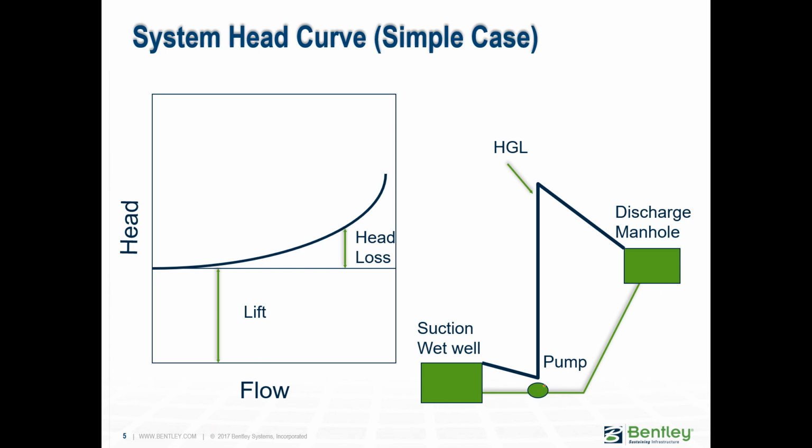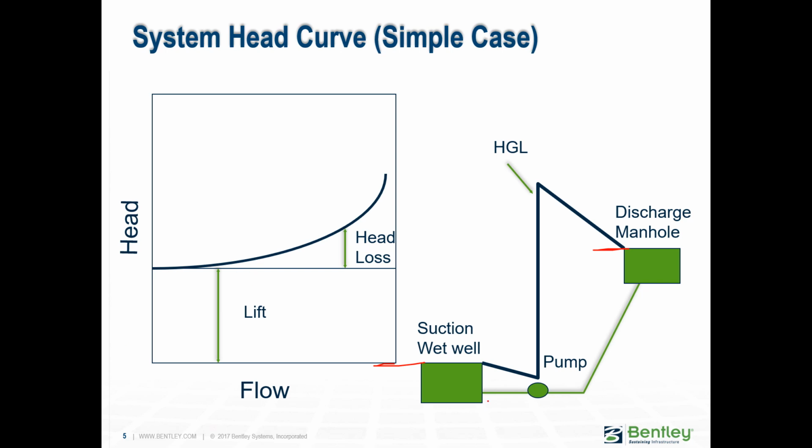But how big of a pump, it's always a question, right? Well, that depends on a few things. First, the elevation difference between the suction and the discharge. That difference in elevation is what we call the lift. So we know we have to at least provide that much energy for the lift.